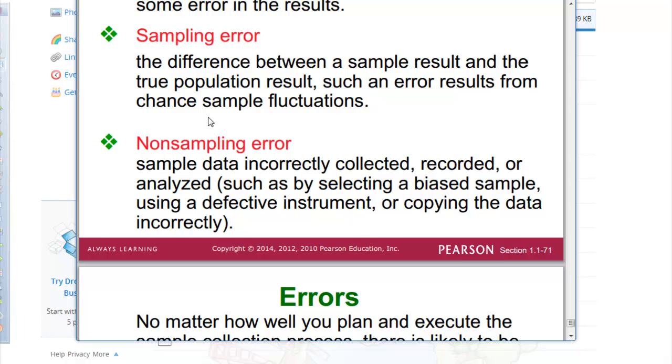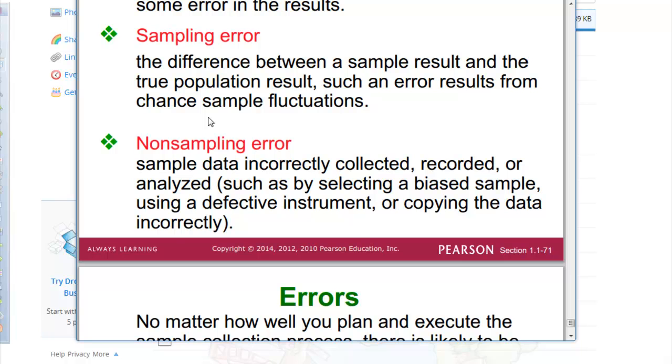But if I collect a sample of data, is that sample going to give me that true population mean? Probably not. So in that case, that would be sampling error. We expect that to happen.